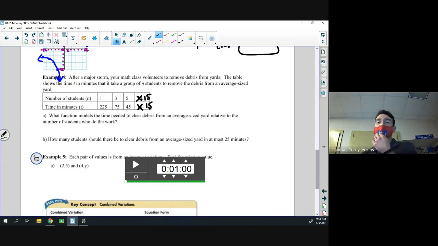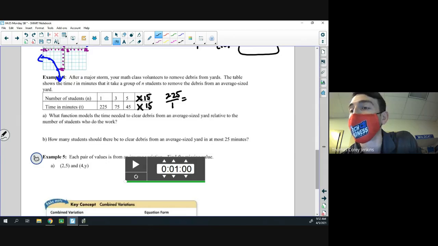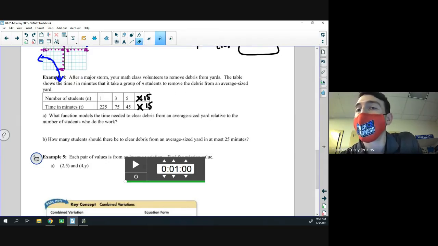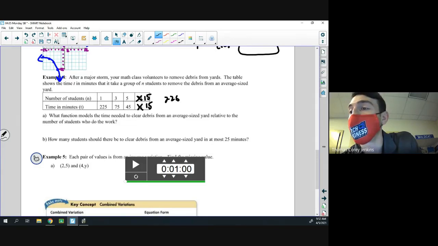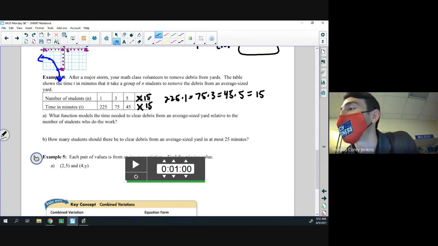Looking at A, what function models this? Again, if input increases, output decreases, we're thinking inverse, not direct variation. So let's find our constant, k. That's going to be 225 times 1, or 75 times 3, or 45 times 5, or 15 times 15.